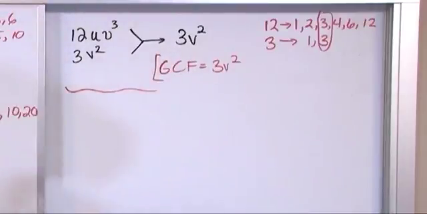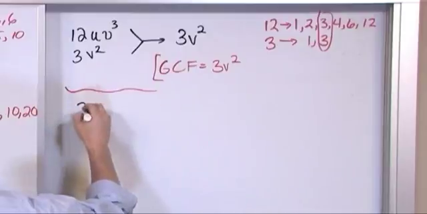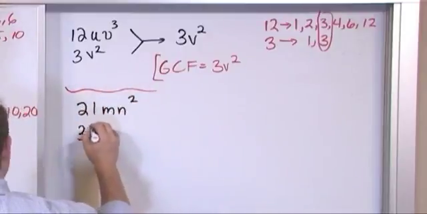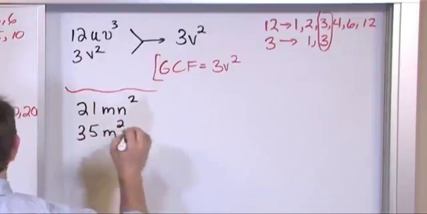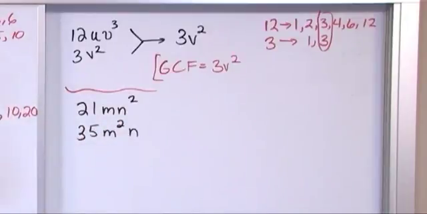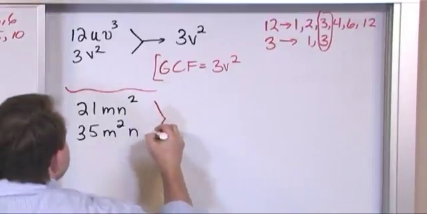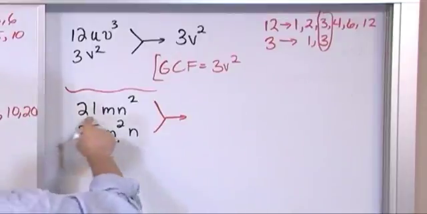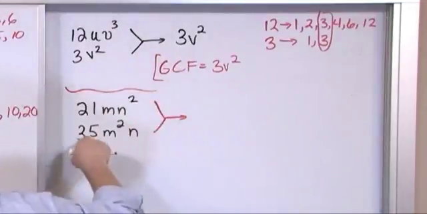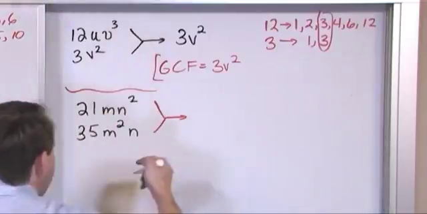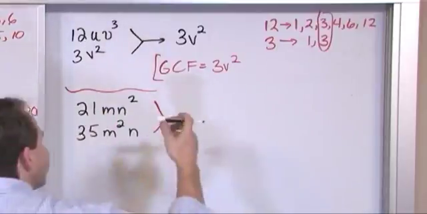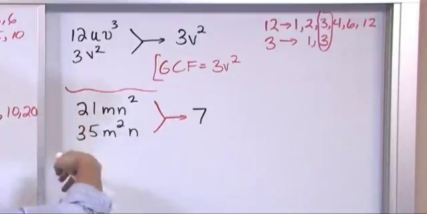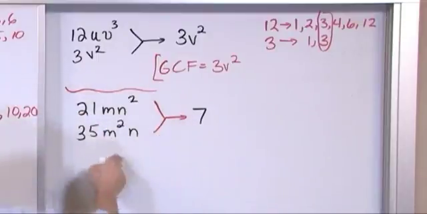Okay, just 2 more. Let's say we have 21 times m times n squared, 35 times m squared times n. When you take 21 and list all of the factors, and you take 35 and list all of the factors, you're going to find the number 7 is the largest number that can divide into both evenly, because 7 times 3 is 21, 7 times 5 is 35.